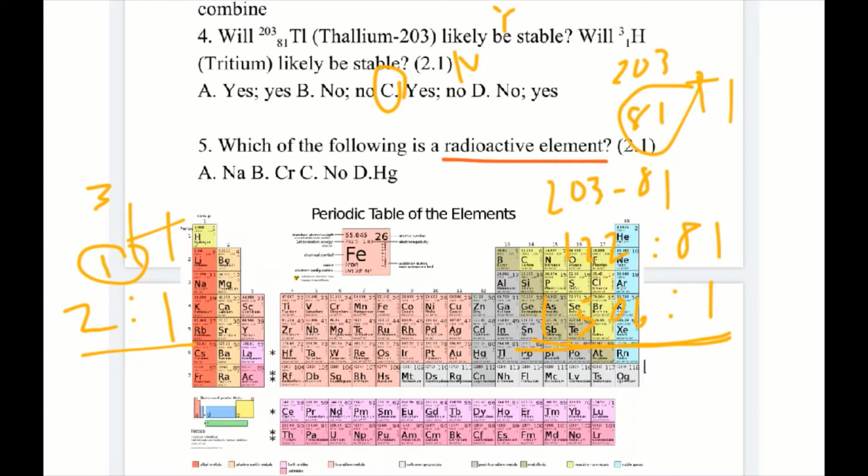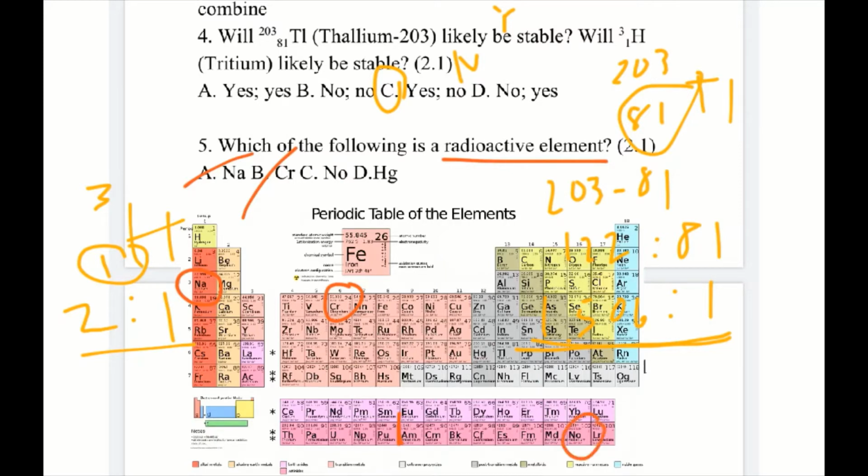So in this case, sodium is not radioactive because it's less than 94. So let's put the marker here. Chromium is less than 94. Nobelium. Now nobelium is actually higher than 94. So let me try to locate it. Nobelium. Let me try to find it. NB.